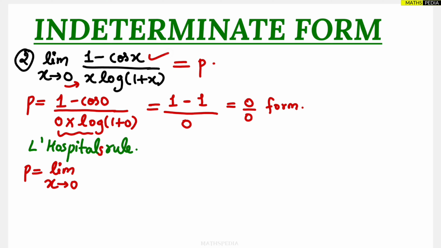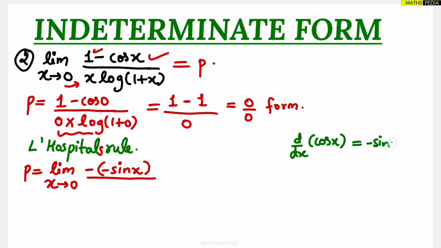The numerator 1 minus cos x I will differentiate. Differentiation of 1 is 0, and cos x differentiation is minus sin x. So minus outside and minus sin x. Differentiation of cos x, we know, is minus sin x.